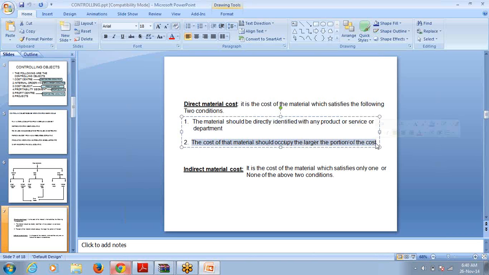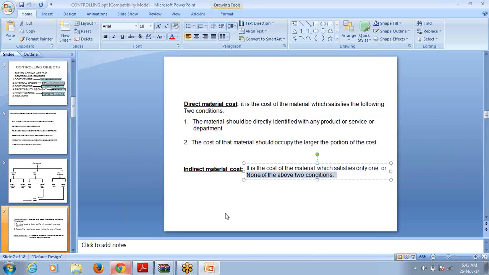Any material which satisfies both the conditions is called direct material, and the cost of that material is called direct material cost. I will give an example also. Then indirect material cost is the cost of the material which satisfies only one or none of the above two conditions.